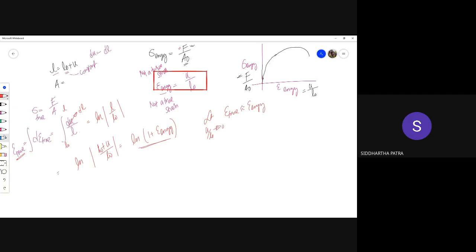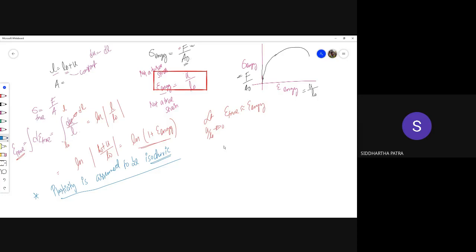Now, I have this declaration: plasticity is assumed to be isoporic, meaning in plasticity, the change in volume is very small compared to the tensile elongation that it is going through.